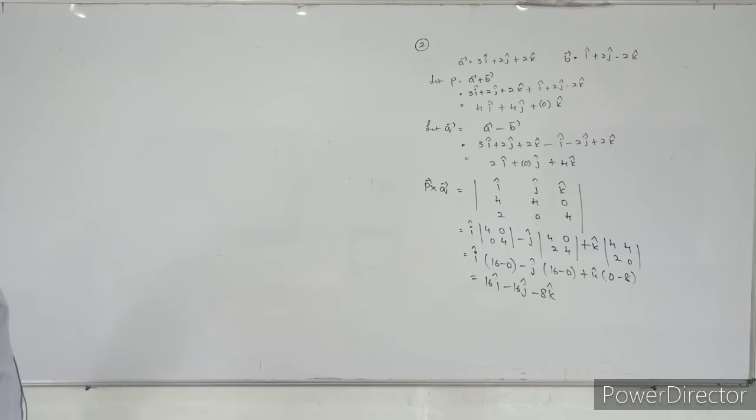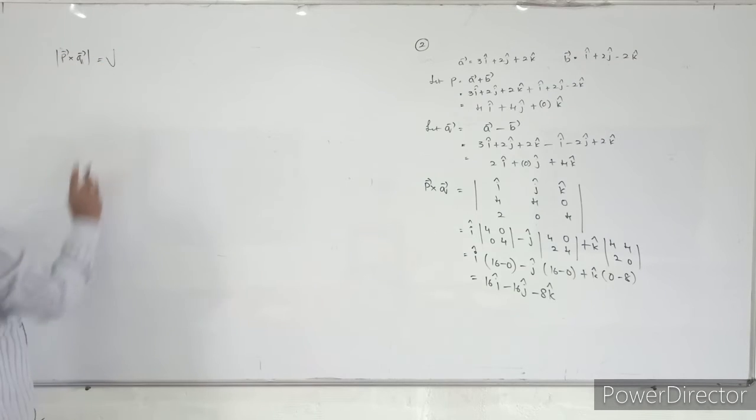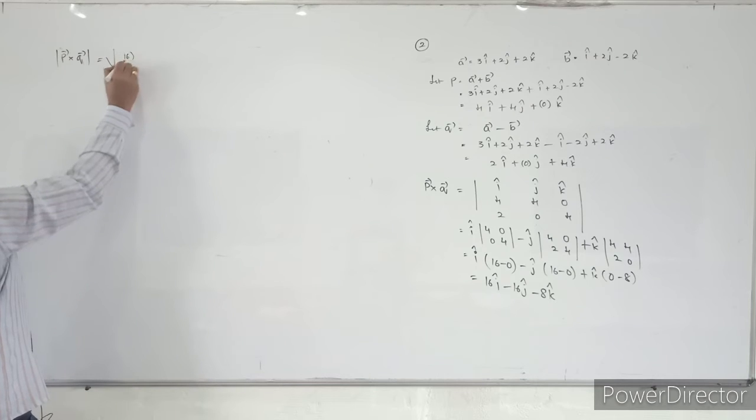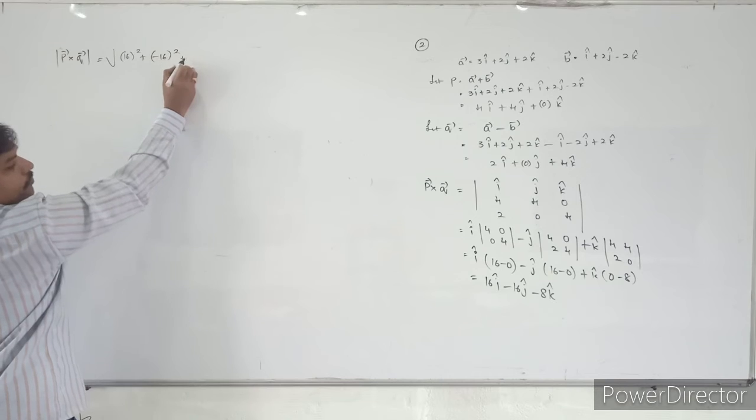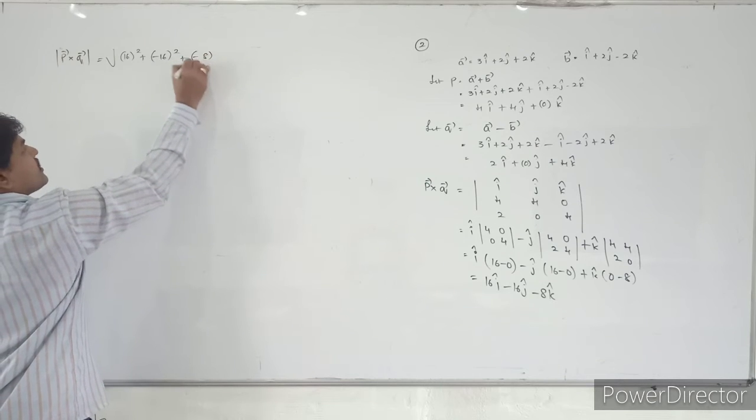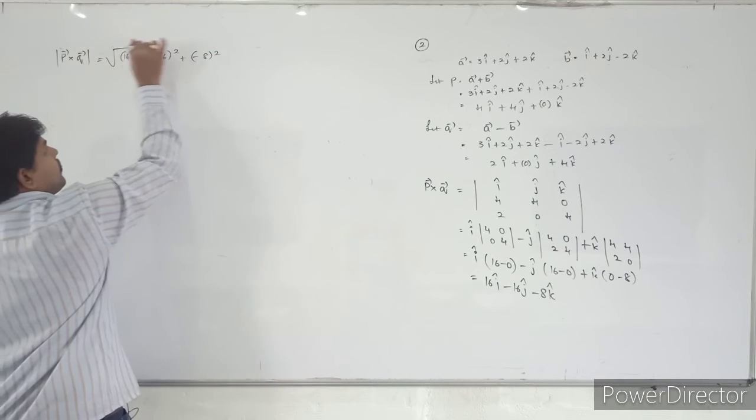So see that, students. Mod P bar cross Q bar is equal to the square root of 16 squared plus minus 16 squared plus minus 8 squared.